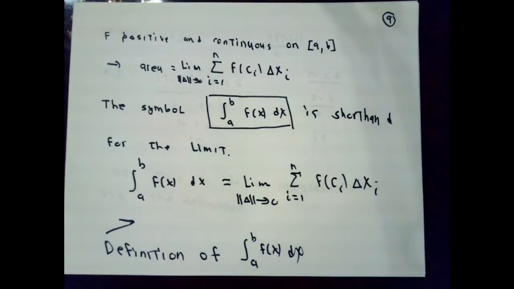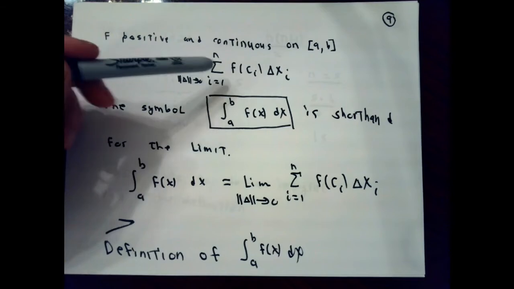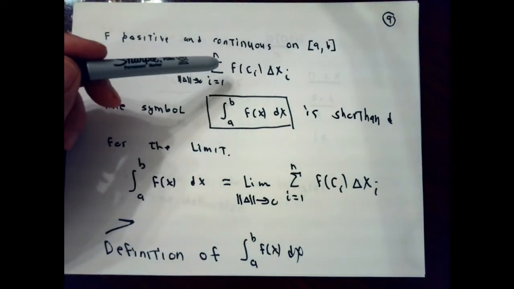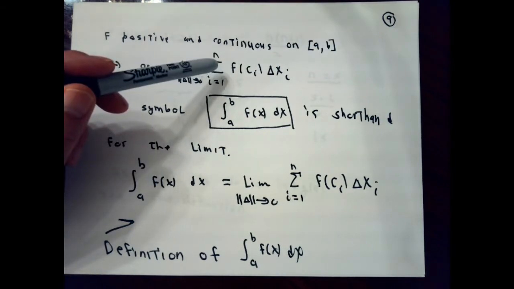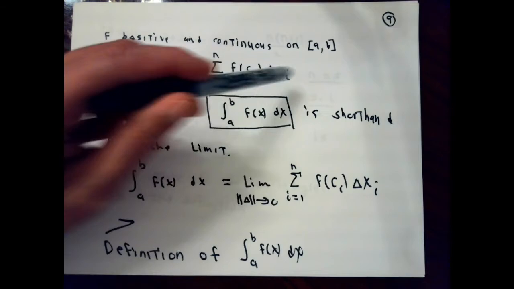The discussion that we've had is only interpreted as an area problem if the function f is positive and continuous. It's possible that this limit of sums exists even if those things are not true. If the limit exists, which again in the positive continuous case you can interpret as area, we're going to make up a symbol for this limit.